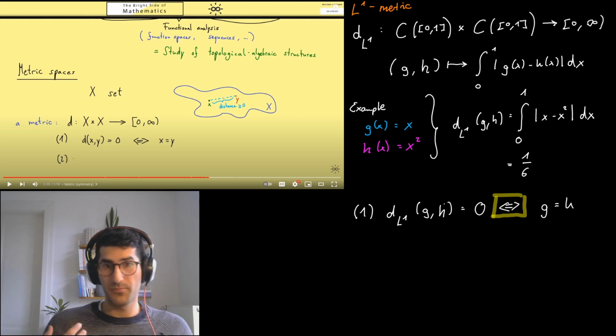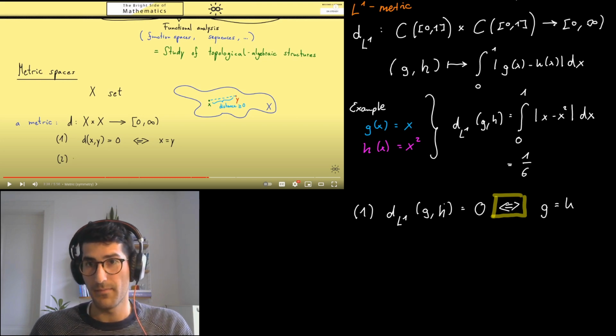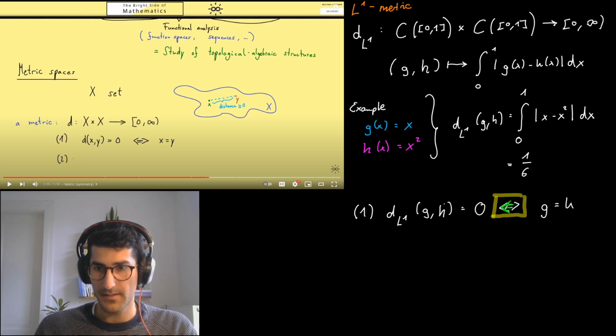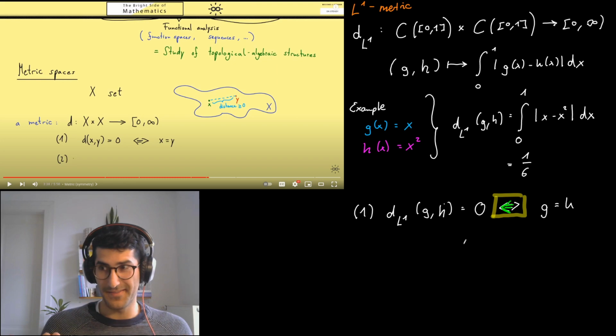And you know how to prove an equivalence. We need to prove two implications, and I'm going to show you the simpler one here. More concretely, we want to show that if g equals h, then the L1 metric of g and h equals 0.